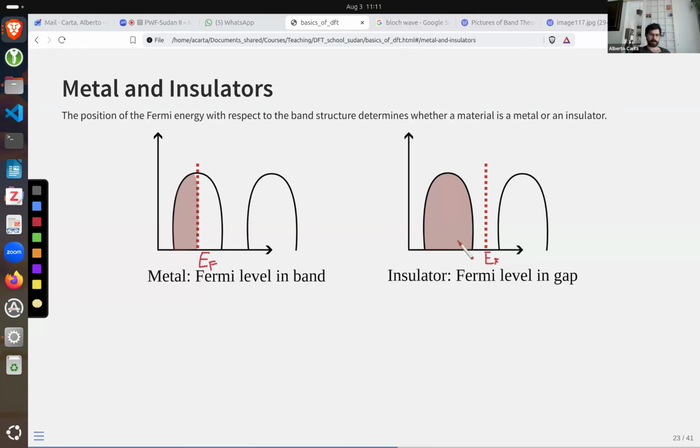The occupied states generally get the name of valence band, and the unoccupied states get the name of conduction band. This is the main difference between metallic and insulating systems.